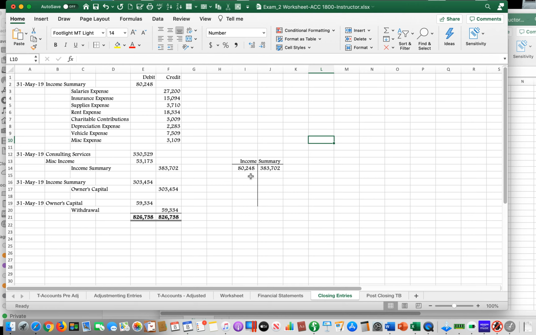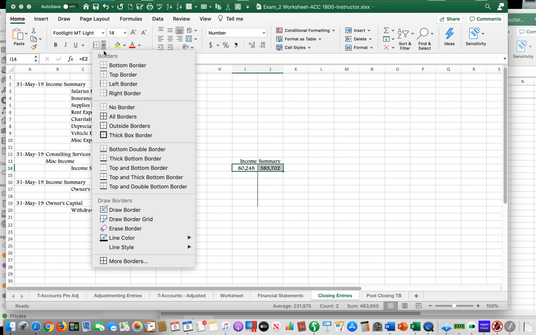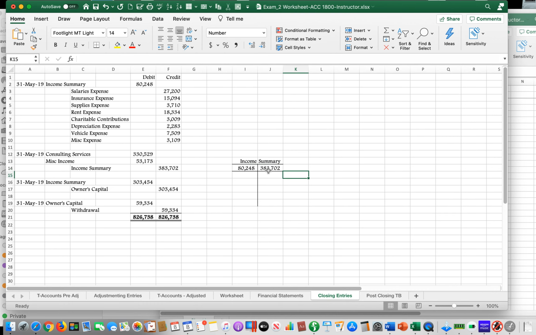Okay? Now we've got to close the income summary. What's our balance? Our balance is a credit balance. That's our credit balance, the net income.